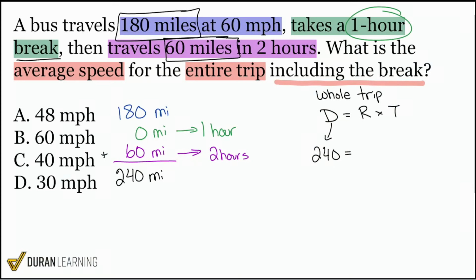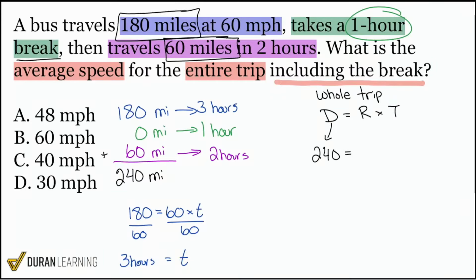And then lastly, if we want to figure out the time for that first part, we have to do a little bit of math because we see 180 miles at 60 miles per hour. So we'll do a little math on the side and write our distance equals our rate multiplied by our time, divide both sides by 60, and we end up getting the time being 3 hours for that first part. So boom, 3 hours right there.